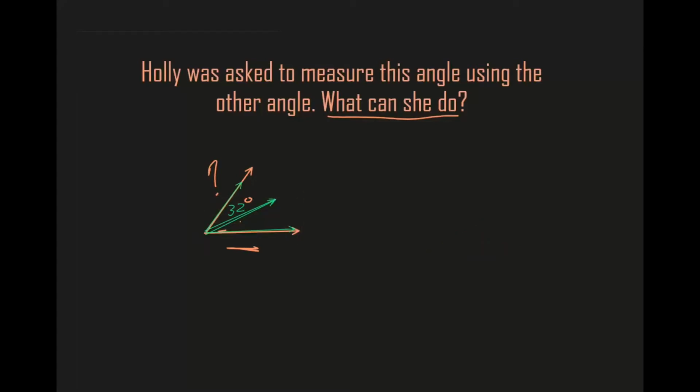Now as you can see, two of these equals this. So we know that the green angle is 32 degrees. Now we have two green angles, so we're just adding 32 and 32. 32 plus 32 equals 64. That means our angle here is 64 degrees.